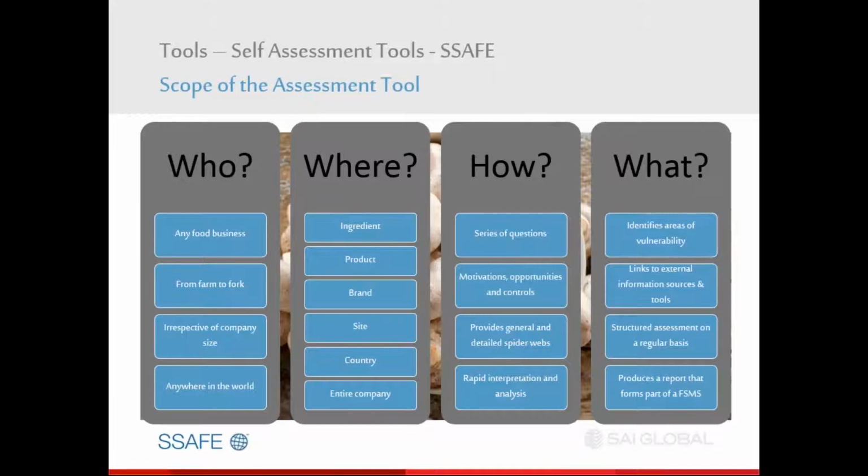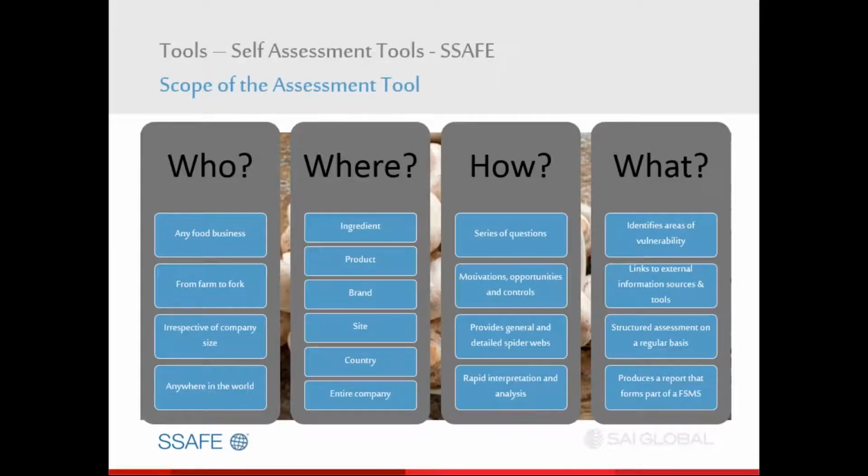So who, where, what, when? It could be any business in the food, so farm to fork. So that food fraud could occur anywhere, through whoever's selling that honey. So it affects everyone. As I talked about, it affects your products, your ingredients, your brand, your site.